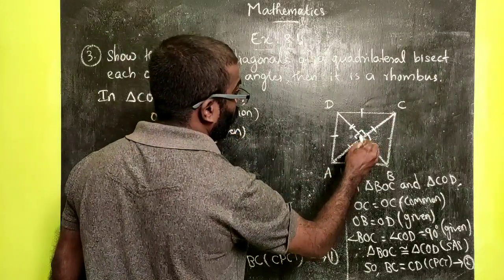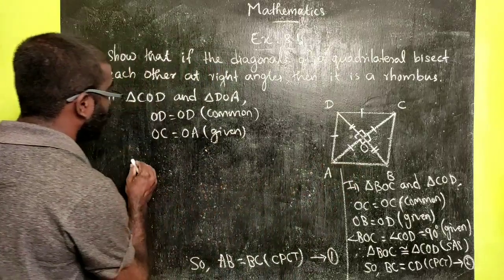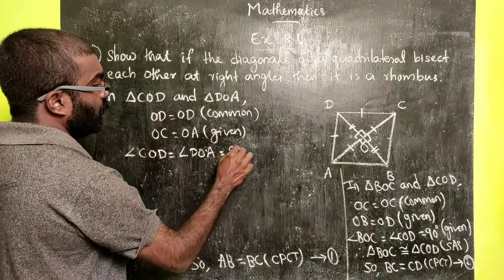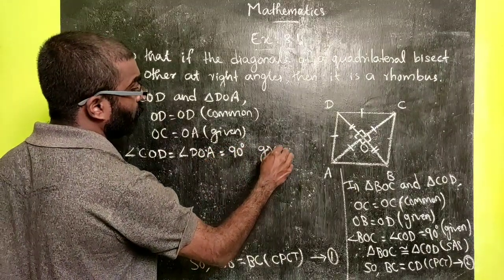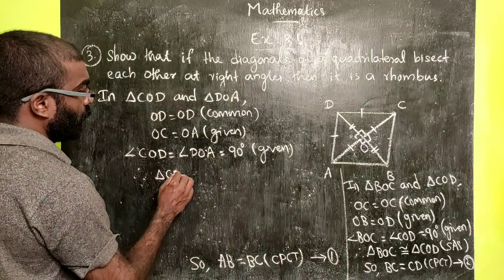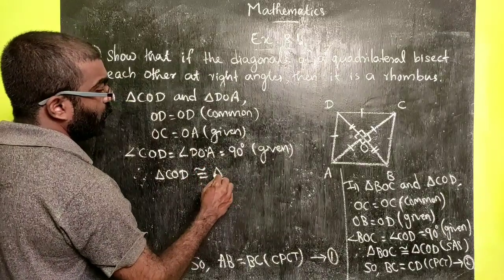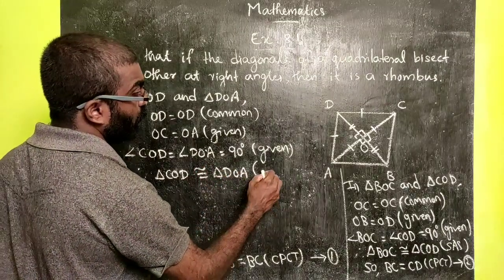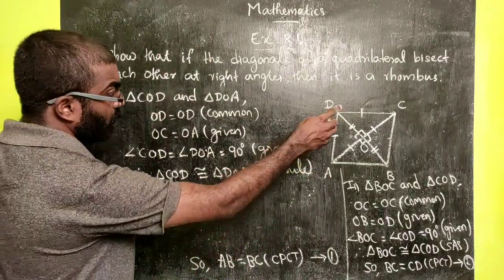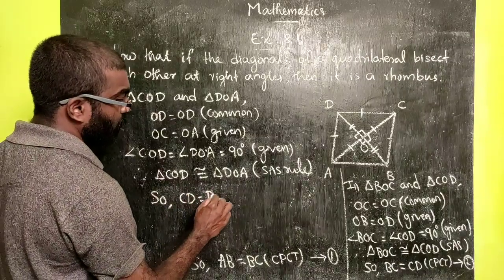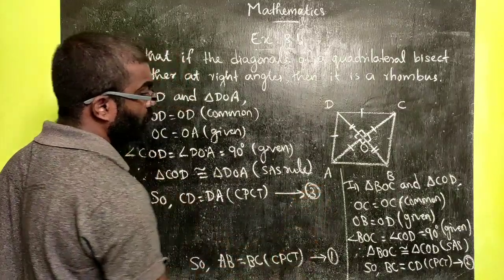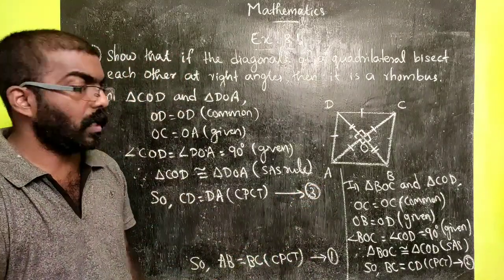Then angle COD equal to angle DOA, each 90 degrees. It's also given. Therefore, by SAS rule, triangle COD is congruent to triangle DOA. So by CPCT we can write CD equal to DA. Equation number 3.